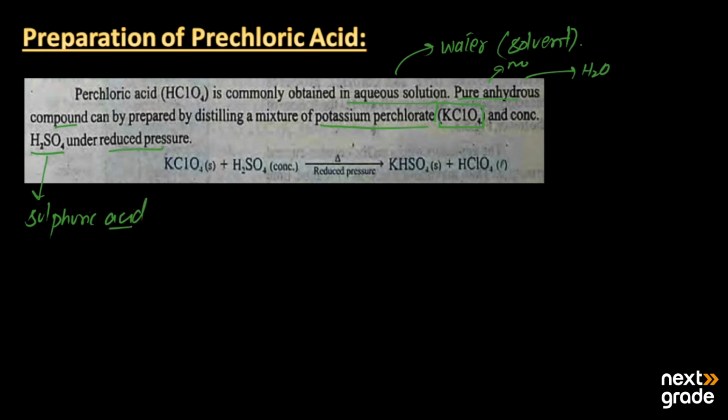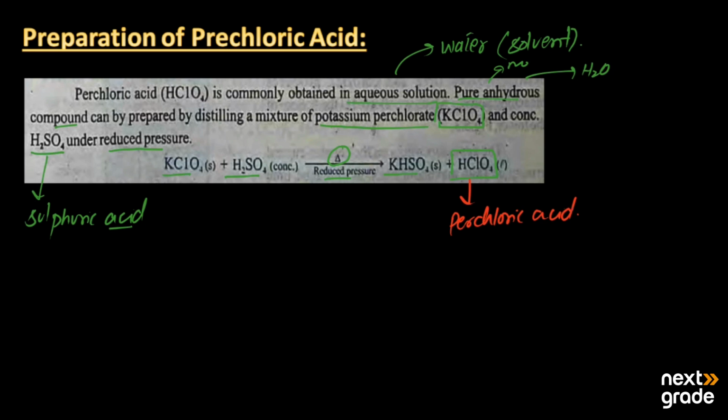Under reduced pressure, when we decrease the pressure and heat that mixture of potassium perchlorate combined with concentrated H2SO4, it forms KHSO4 along with the production of the main acid that we required, which is HClO4. Its name is simple: perchloric acid. So this is the simple perchloric acid that we obtained.